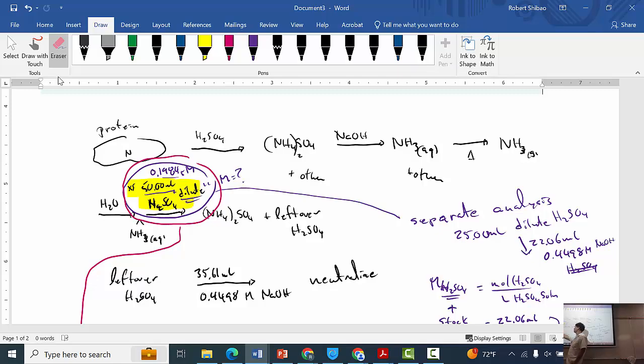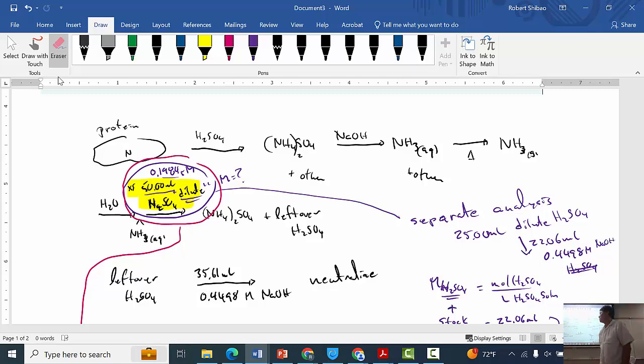It's a 2-to-1 mole ratio: we need 2 moles of ammonia for every mole of H2SO4. Then we could figure out how many moles of ammonia, and from that how many moles of nitrogen. Once we get the moles of nitrogen, we can figure out how many grams of nitrogen, and then use the percent by mass to figure out how many grams of protein there was in the original.